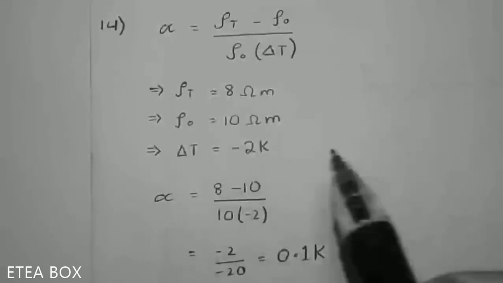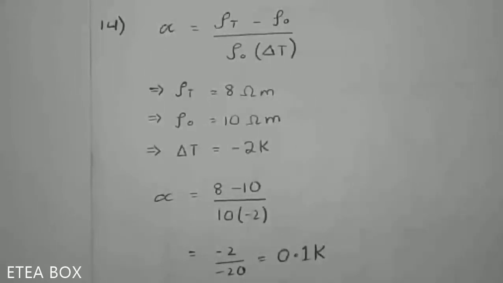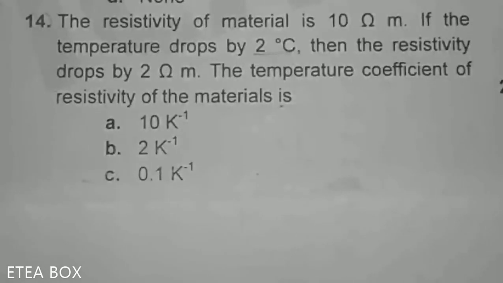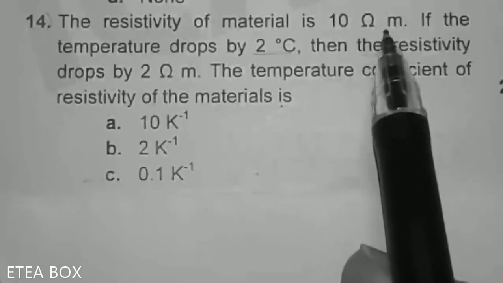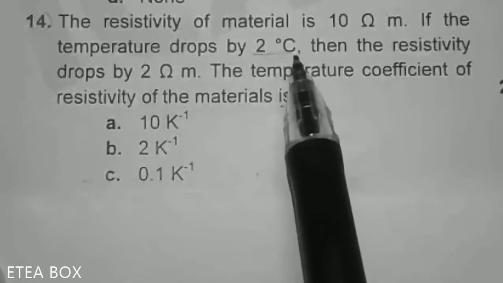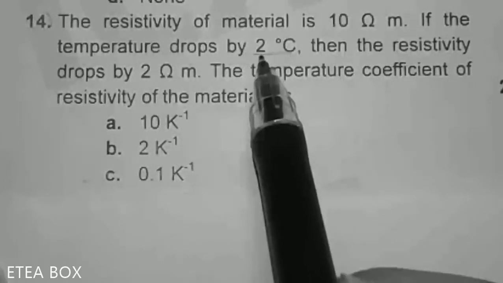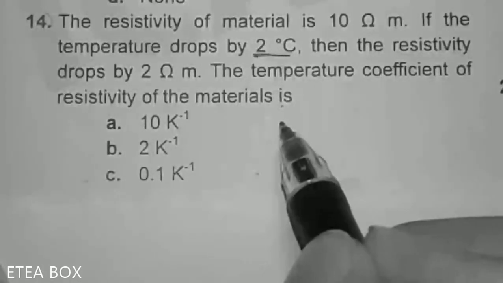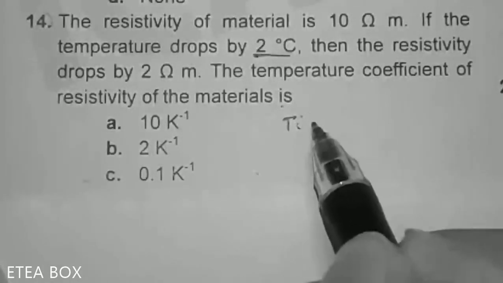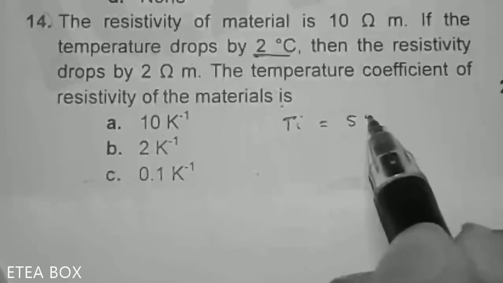The change in temperature is, now look at the MCQ. The resistivity of material is 10 ohm meter, okay? The original resistivity is 10 ohm meter. If the temperature is dropped by 2 centigrade, let's suppose the initial temperature is 5 centigrade, okay?